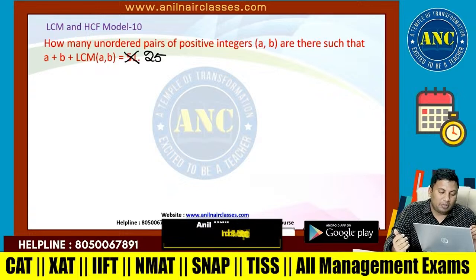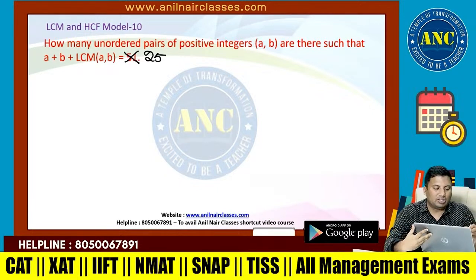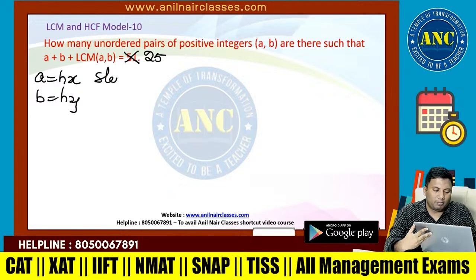A plus B plus LCM of AB is 25. A is HX. B is HY. Step number 1.